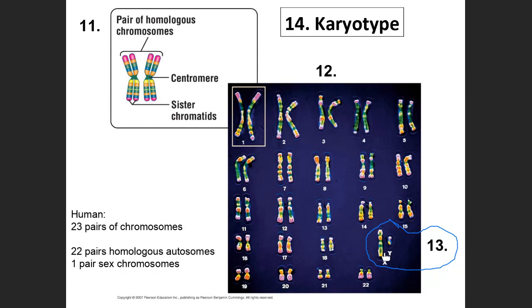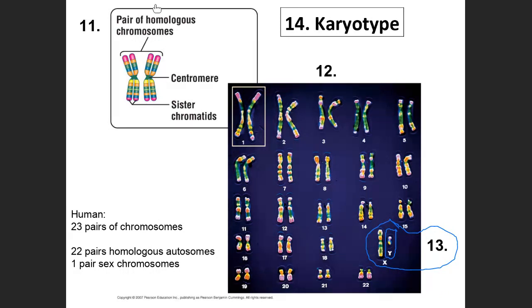They're not the same length, the centromere is not in the same location, the staining pattern is not the same, and they are definitely not carrying the same genetic information. But what they did find out, in particular in reference to the Y chromosome, is that these last 2 chromosomes together, which I circled, determine the sex of the offspring.